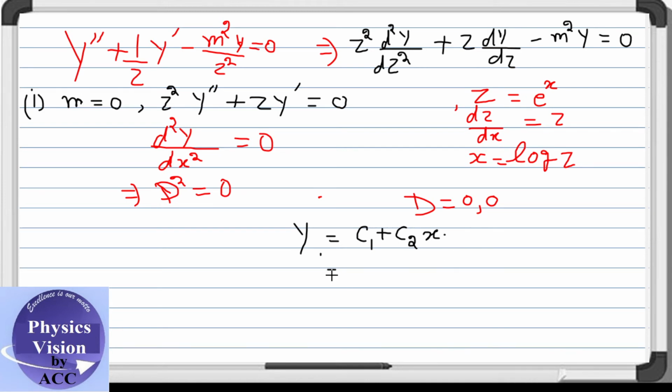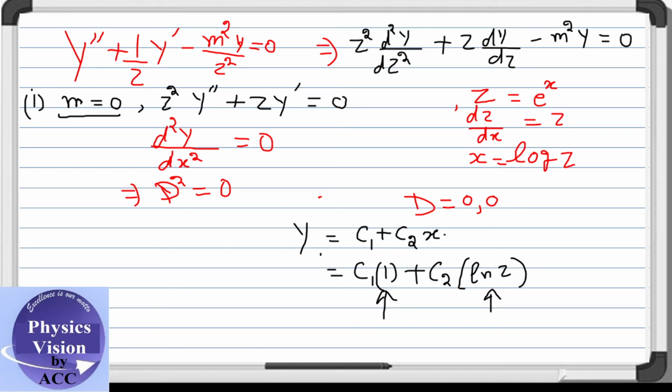Since x is given by log of z, y is c1 plus c2 log z. Hence we can say that 1 and log z are the two independent solutions of this given differential equation for m is equal to 0.